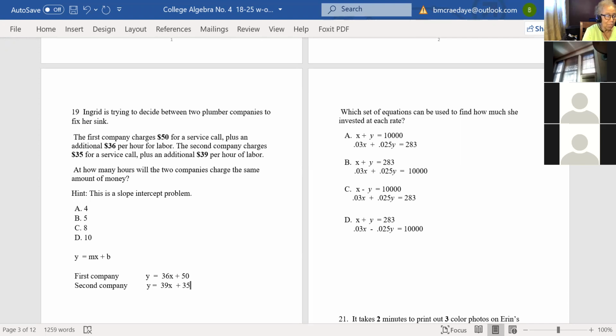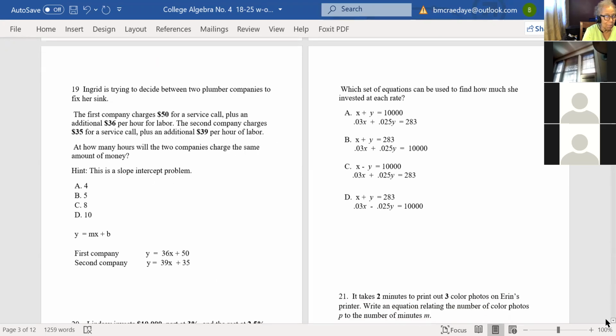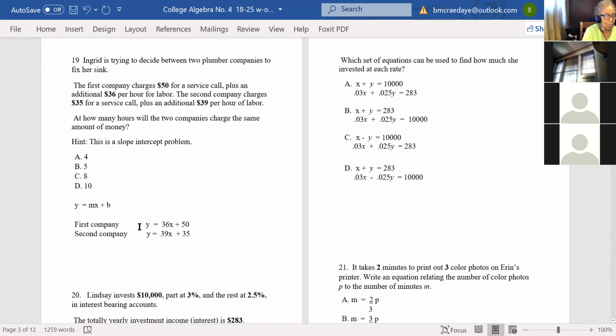Okay, so you could call this one y1 and this one y2. But anyway, we want to find how many hours the company would charge. That's the x, right? At the point where these intersect, where they cross each other, the amount is the same. You can do that by setting these equal to each other. So take this 36x plus 50.